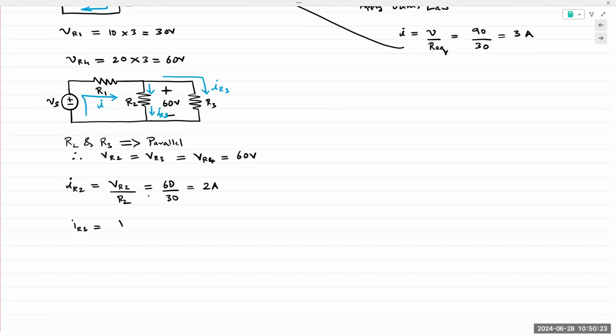And IR3 would be VR3 over R3, 60 divided by 60, 1 amp. 30 ohms, smaller than 60, you get a larger current, which is 2 amps. 60 ohm resistor, same voltage, smaller current, 1 amp. Now we have the voltage and the current for every single resistor. We can find the power, we can find the energy if needed.